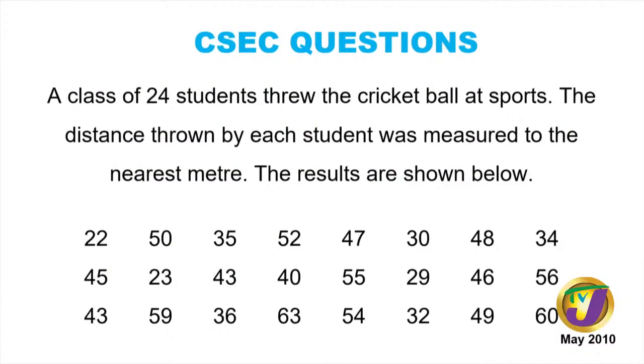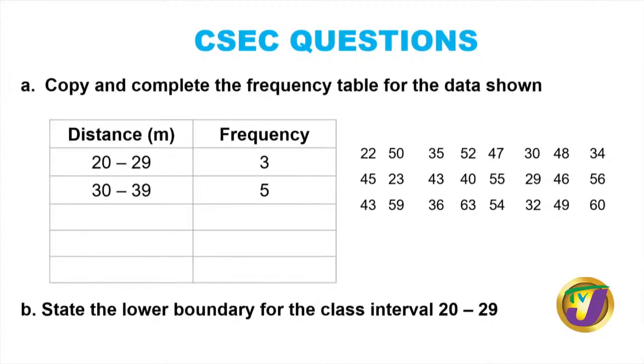A class of 24 students threw the cricket ball at sports. The distance thrown by each student was measured to the nearest meter, and the results are shown on screen. We have taken another shot, and the raw data is still there.